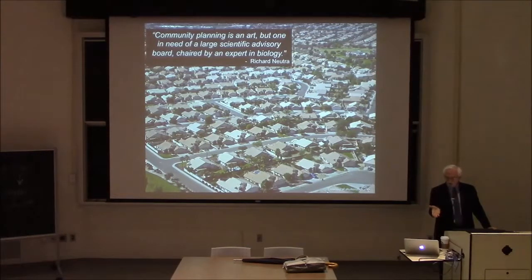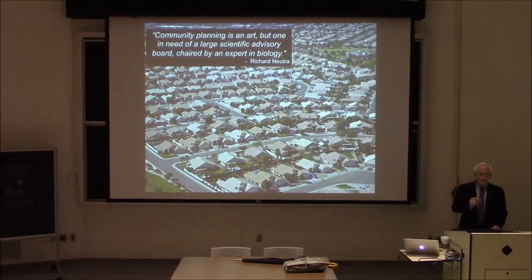So he said community planning is an art, but one that needed a large scientific advisory board chaired by an expert in biology. And the word environment really hadn't emerged until Rachel Carson wrote Silent Spring in the early 60s, but here he was in the 50s talking about needing to consider biology and scientists, as well as the art of the design.